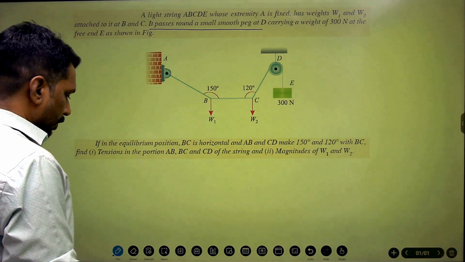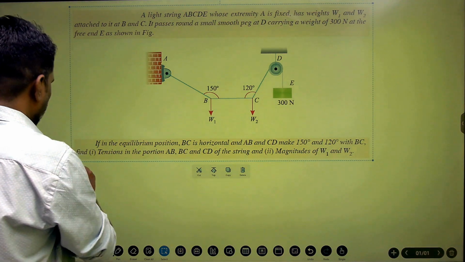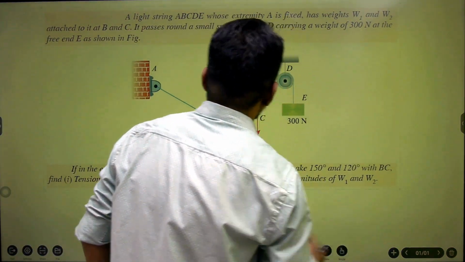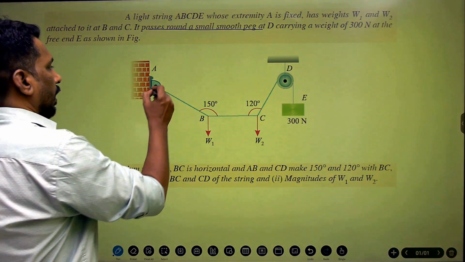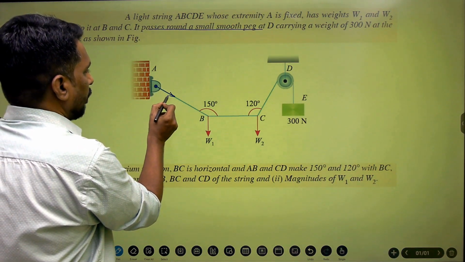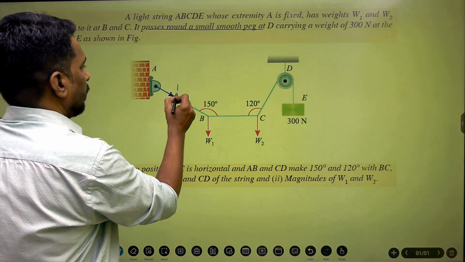Now I'll start from point A. Let me just enlarge the figure. Here at A you can see only one connection, so only one tensile force, and that will be away from A, and the cable segment is AB, so this is tension AB.